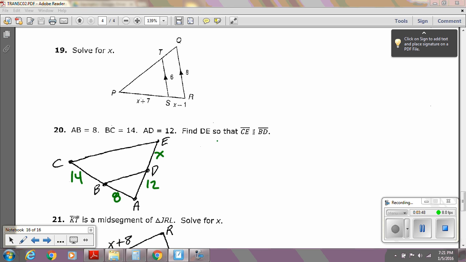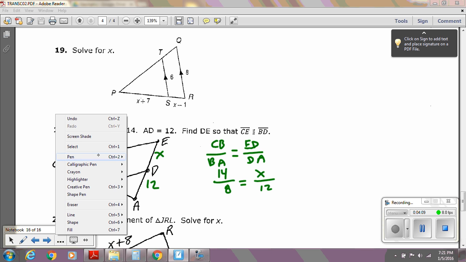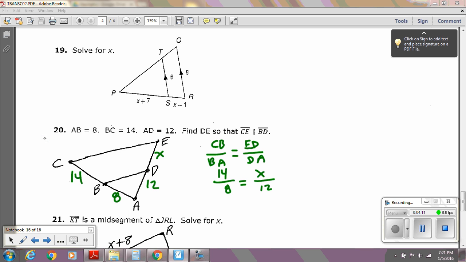In other words, we could say CB is to BA, staying on the left, as ED is to DA. So if I replace it with the numbers, that's 14 over 8 is equal to x over 12. So now we cross multiply, and you get 8x is equal to 12 times 14.